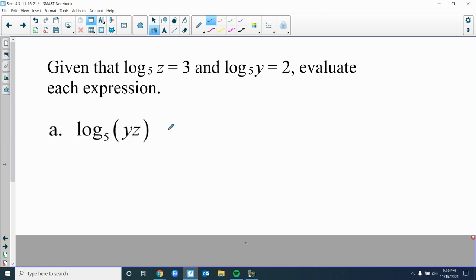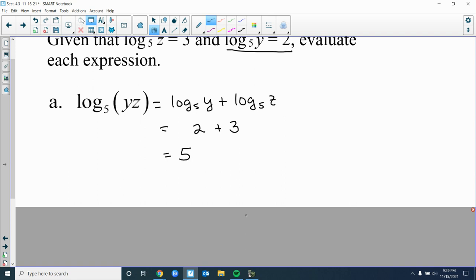Since this is a product, I can split it up and write it as log base 5 of y plus log base 5 of z. Well, log base 5 of y is equivalent to 2, so replace it with a 2. Log base 5 of z is equivalent to 3. So that means that the log base 5 of yz is equal to 5. That's all we got to do.